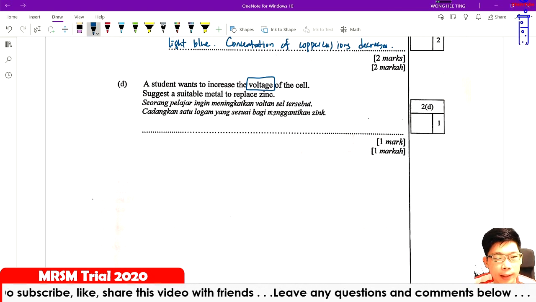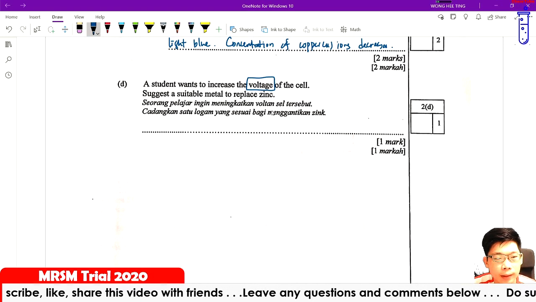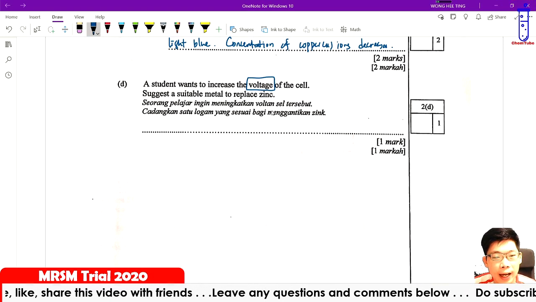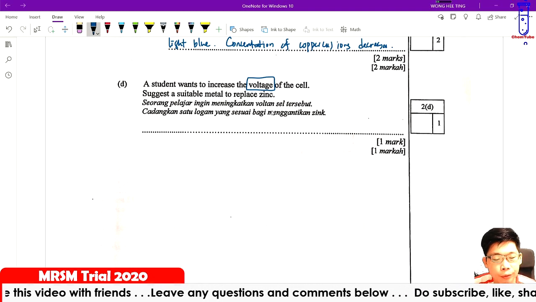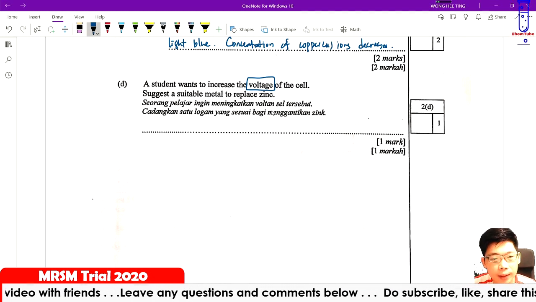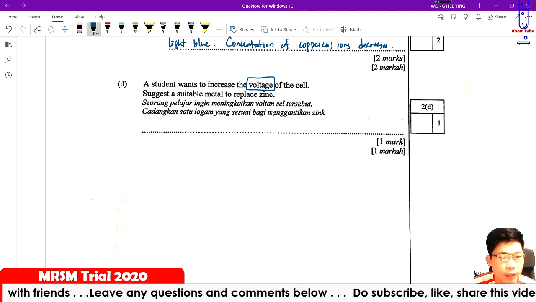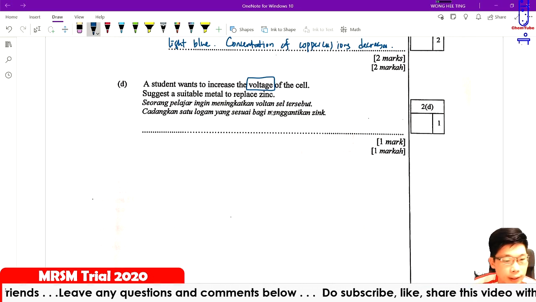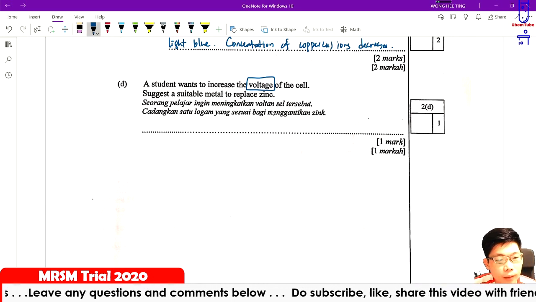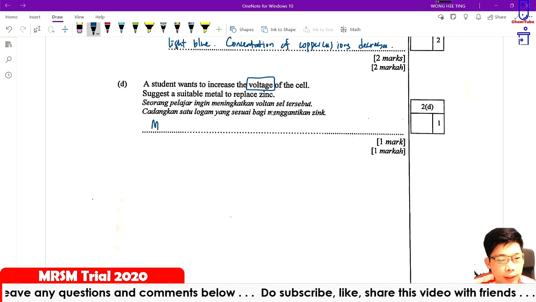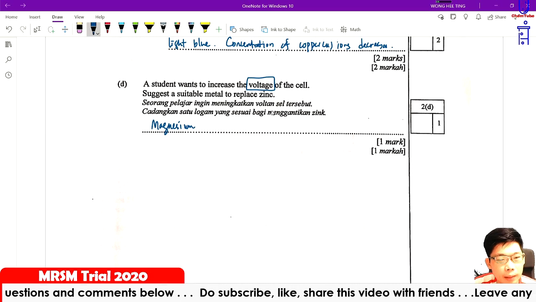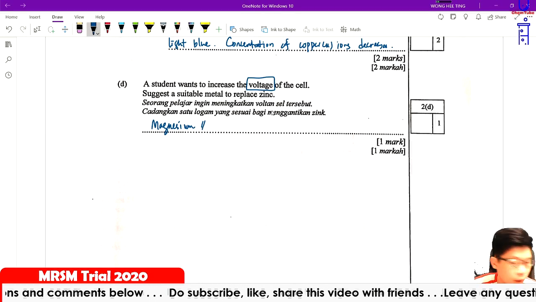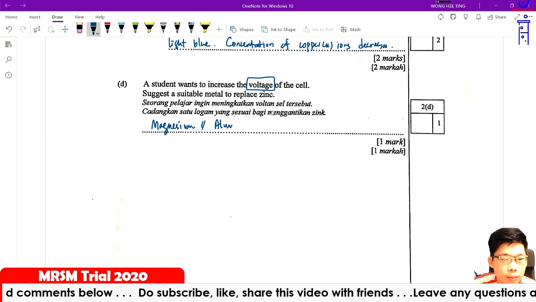As long as you can pick one metal which is higher than zinc, compared with copper, then it will be higher voltage. Okay, so suggested here, we can choose magnesium. Besides magnesium, we also can choose aluminum.